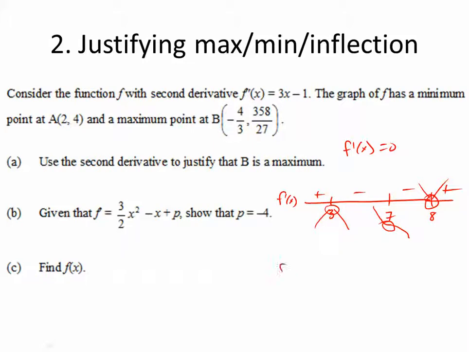Now, another way to do this is to look at the second derivative. Okay? And when you look at the second derivative, again, you'll find the zeros. Remember, the zeros are going to be the places where you get inflection points. Okay? And when you look at this, you should be able to say, okay, let's do the derivative.